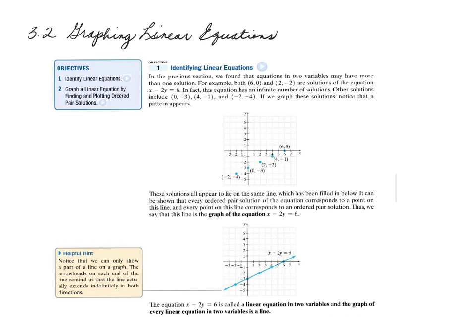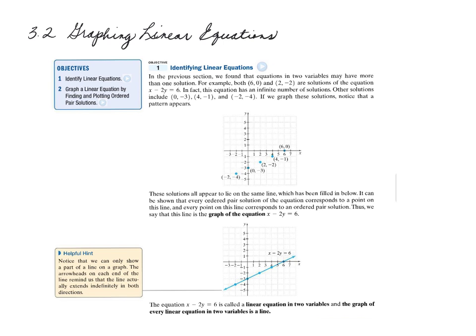And because this line goes on forever and ever, we always indicate that by putting arrows at the end of the line. So when we plot several points and connect those points with a line, we say that that line is the graph of the equation.